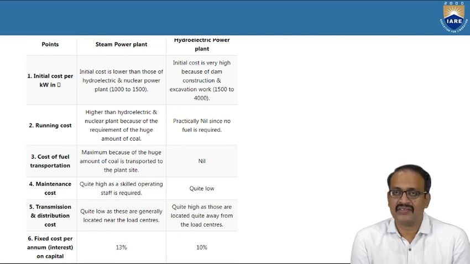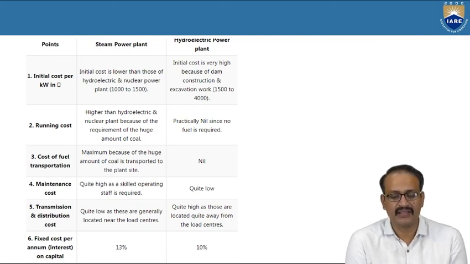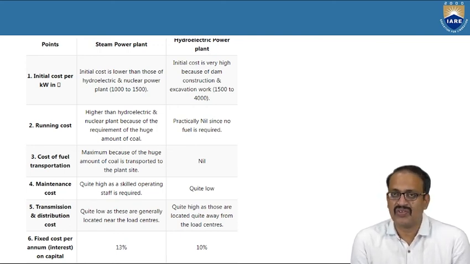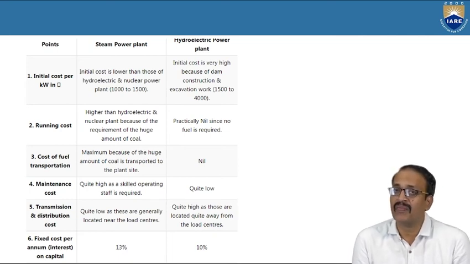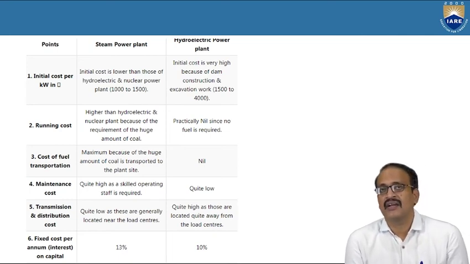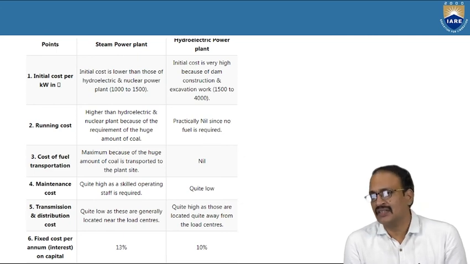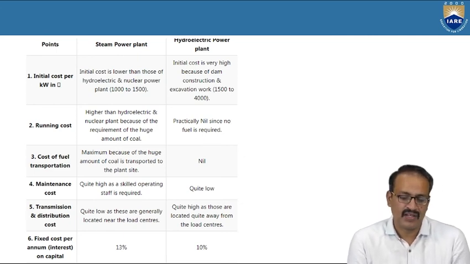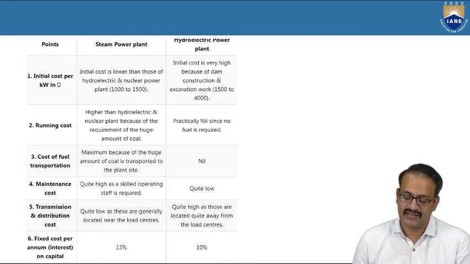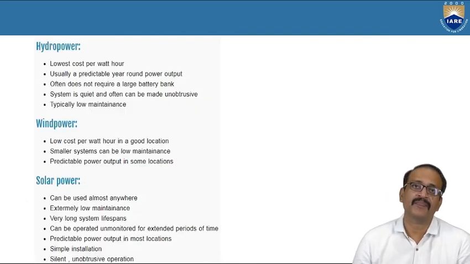Maintenance cost is quite low for a hydropower plant, and transmission and distribution cost is more for the hydropower plant and less for the steam power plant because they are constructed near the cities. Fixed cost per annum is 13% for hydropower, and this fixed cost is 10% for the steam plant.